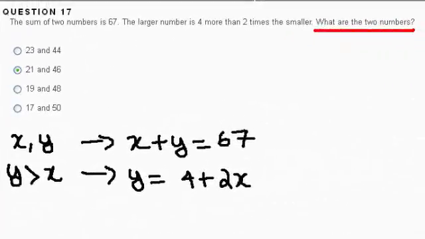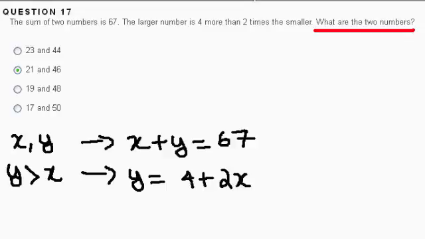So here we have a problem. Even though we have two equations that represent the word problem, we also have two variables. And whenever you have two equations with two variables, the easiest way to approach this is to substitute one of the equations into the other.